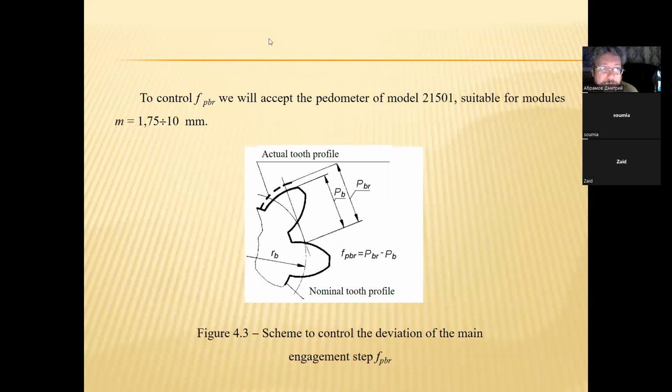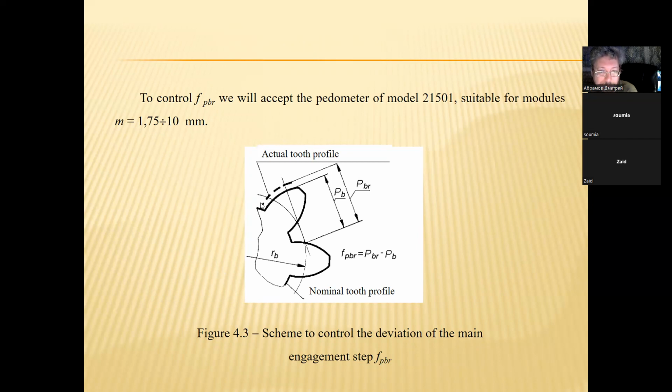Next slide. To control small f suffix PBR, we will accept the pitch gauge of model 21501, suitable for modulus m from 1.75 to 10 millimeters. Our module is equal to 2.5 millimeters, so this measuring instrument is usable for our gear. There are schemes to control the deviation of the main engagement step.